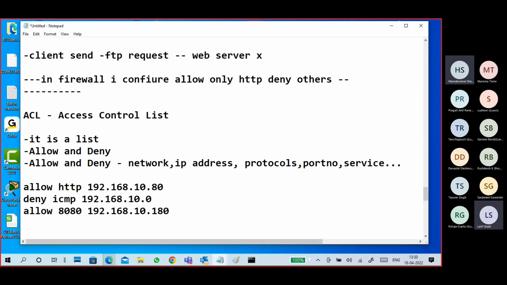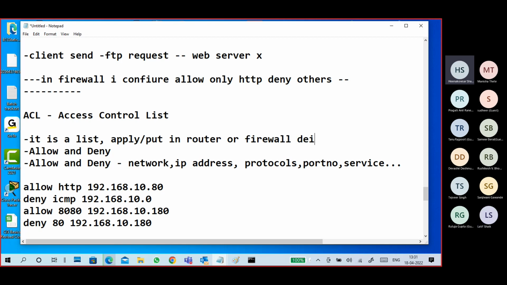I will deny access to this server with port number 80. You must use port number 8080, you can't use port number 80. Like that, we can create a list and apply it, or put it, in a router or firewall device.